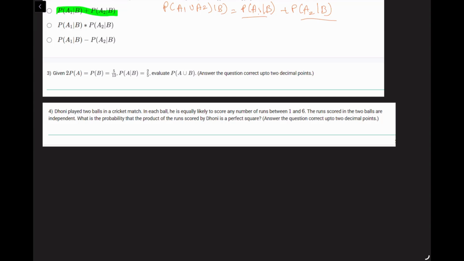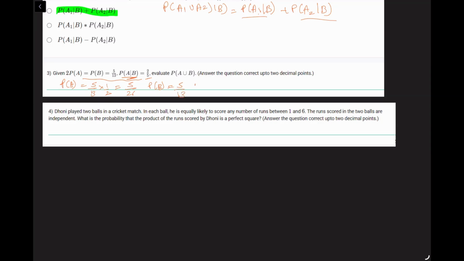We know 2P(A) is 5 over 13, and we know P(A given B) is 2 over 5. Let's first solve for the probability of A. P(A) is 5 over 13 times 1 over 2, because it's 2P(A). So it becomes 5 over 26. Now, the probability of B is straightforward, 5 over 13.